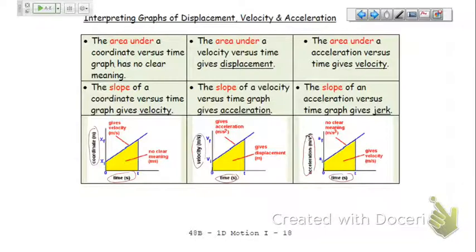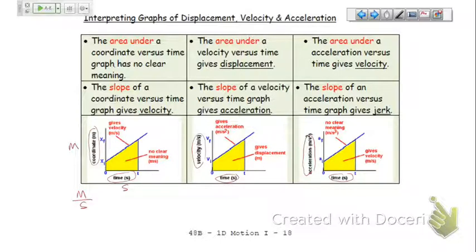You can figure out what it means by looking at the actual units or the dimensions. If this is a coordinate versus time, that's meters, and this is in seconds. So the slope would be the rise over the run. Well, the rise is measured in meters, and you divide it by the run, which is measured in seconds.